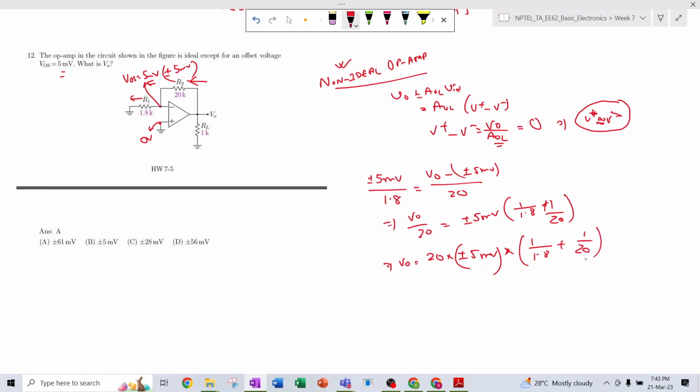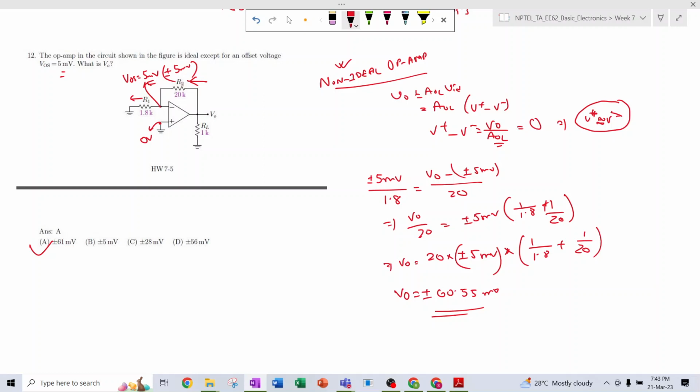If we calculate this, it comes to plus minus 60.55 millivolt, which is close to 61 millivolt. So that will be the answer. The op-amp circuit in the figure has an offset voltage, so due to the offset voltage, the VO is like this.